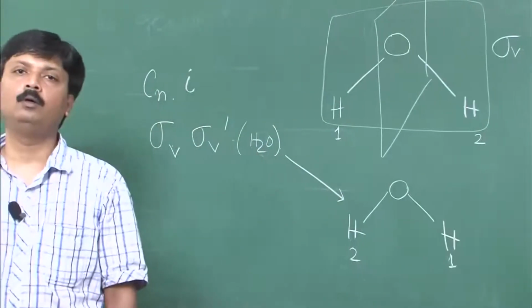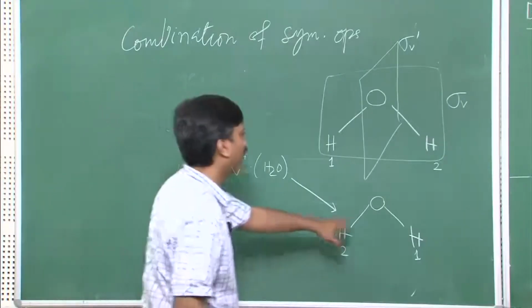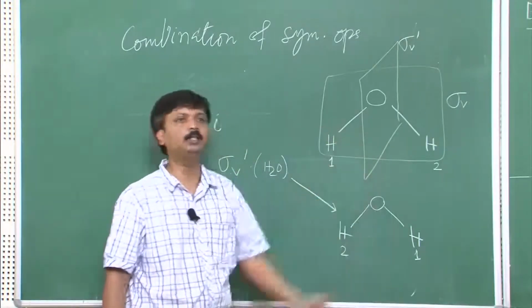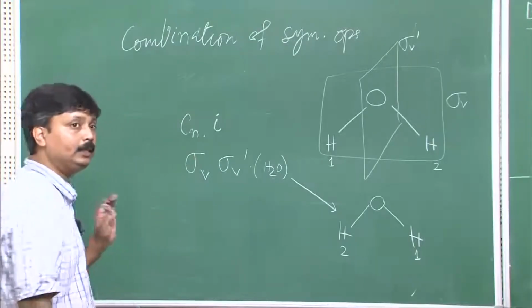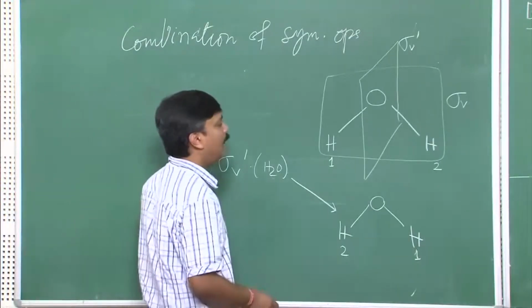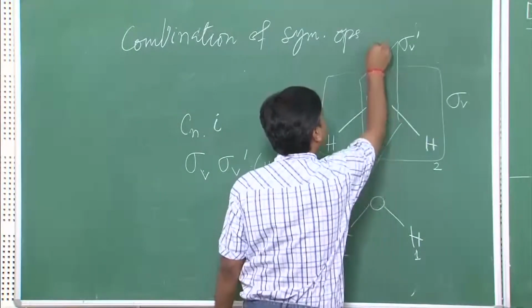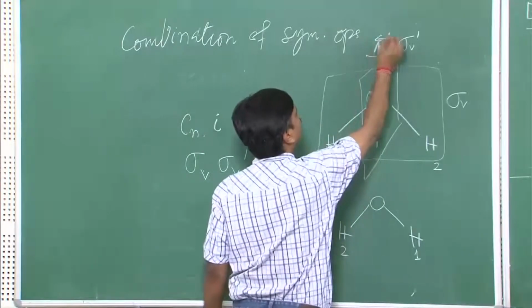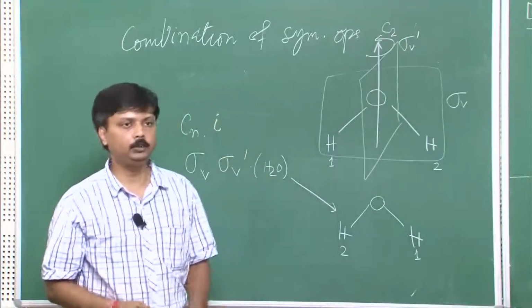Now can you tell me, could I get the same structure from this starting molecular structure by operating any other symmetry operation? A closer look will tell you the answer is yes. What is that? I have a rotational axis of symmetry along this direction, which is a C2. If I rotate this one, then I get an equivalent or indistinguishable structure.